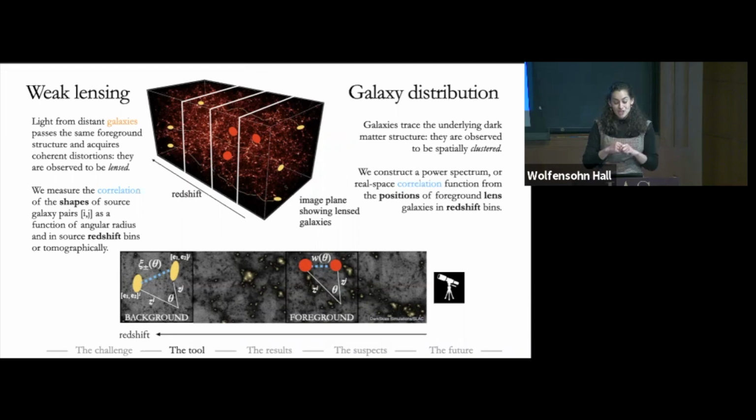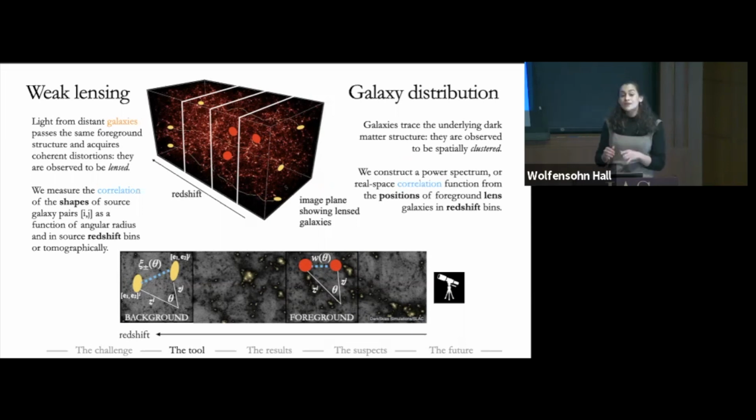And we compute the measurements between pairs of shapes as a function of their angular separation on the sky. That gives us xi plus and xi minus, the shear two-point correlation functions. On the other hand, we compute the clustering correlation function using the positions of the foreground galaxies, the position-position correlation. And that gives you w(theta).